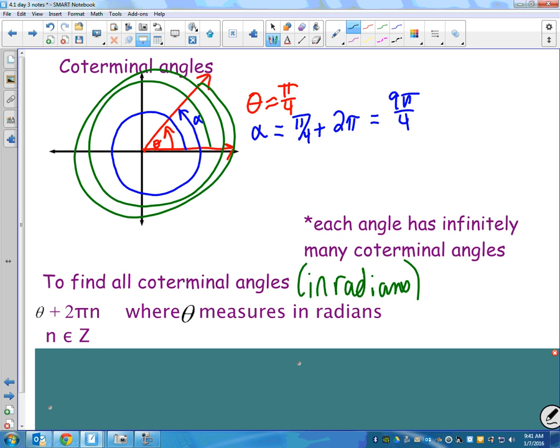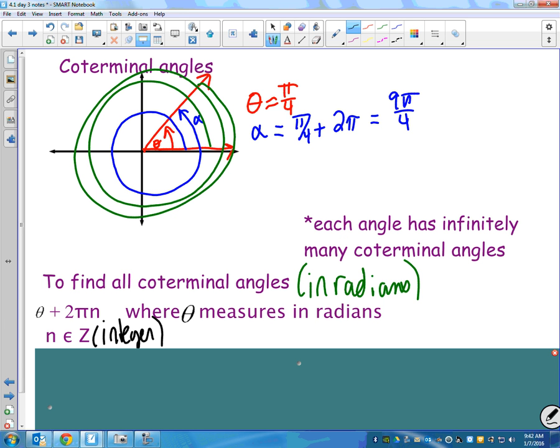This kind of goes back to Z. Remember that Z means integers. So it means any multiple of 2 pi. That's what 2 pi n means, where n is an integer. That means you could add any positive multiple of 2 pi, any negative multiple of 2 pi.